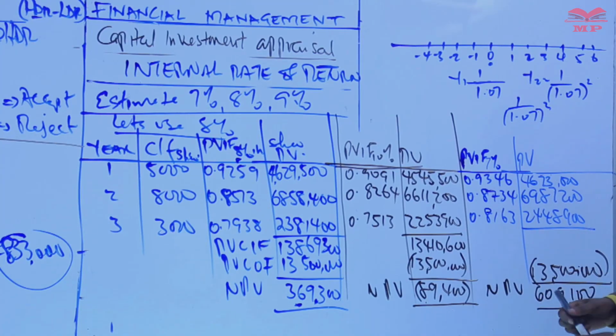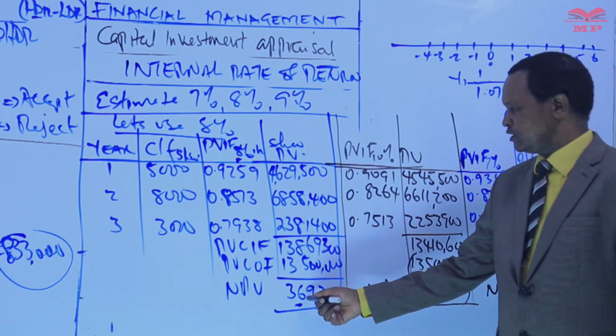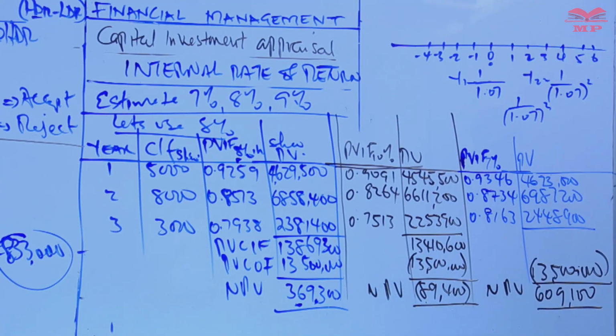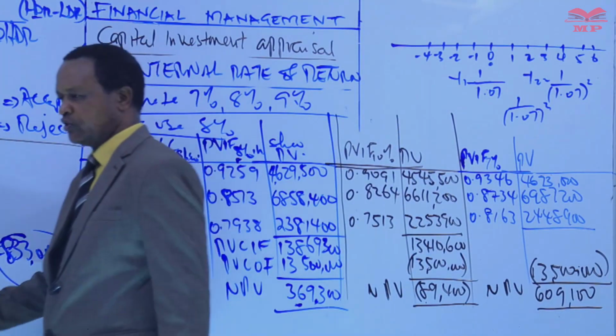So we are getting a value farther away. It is a worse figure than what we had. This is what we mean by trial and error.